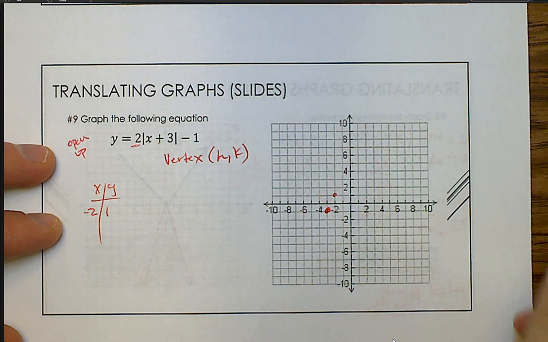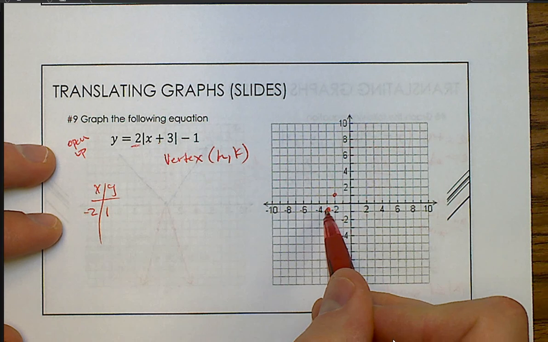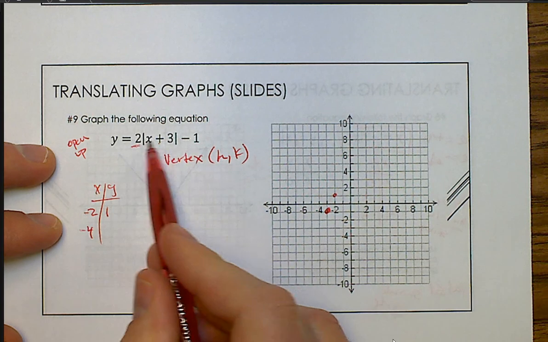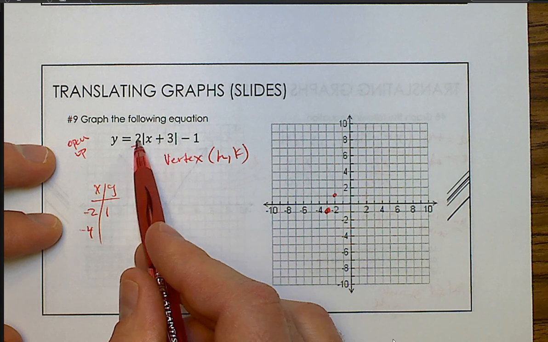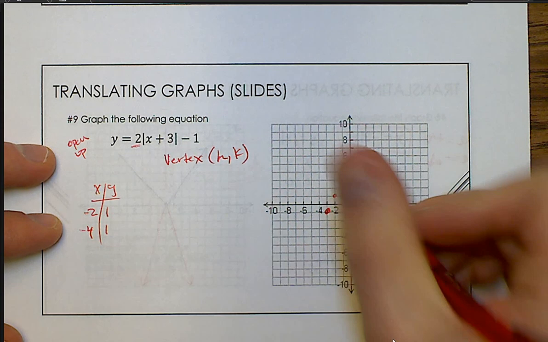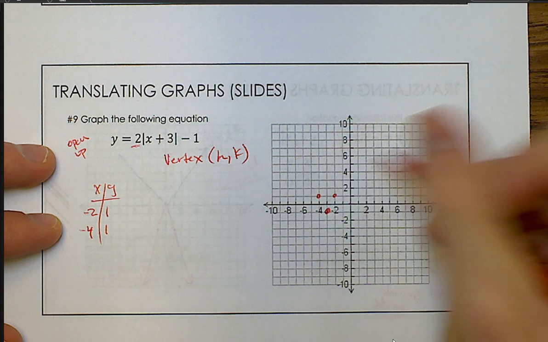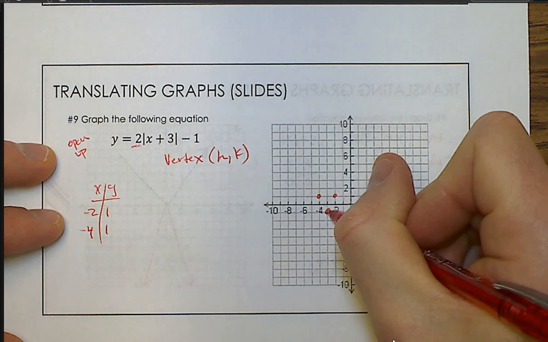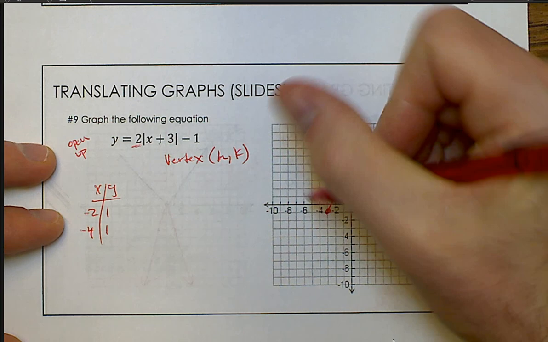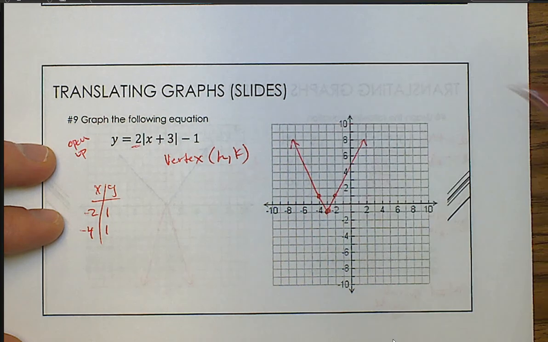I could pick a point to the left, which is negative 4. Negative 4 plus 3 is negative 1. The absolute value of negative 1 is 1. 1 times 2 is 2. Minus 1 is 1. So (negative 4, 1) here. And anytime you have an absolute value graph, it's going to be symmetric. And there's our graph there. And you can pick more points if you would like.